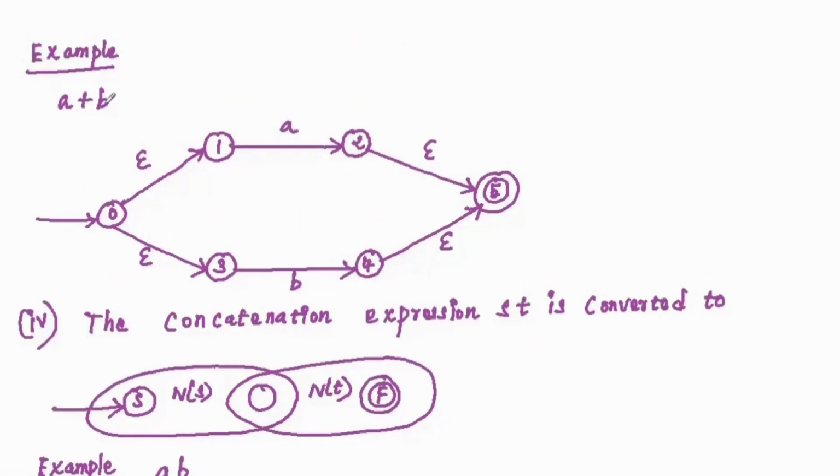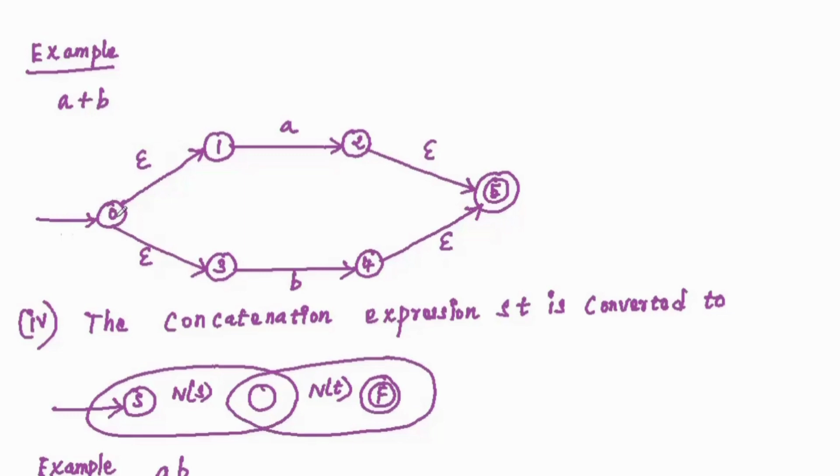Coming to the example problem, here A plus B is a union expression. In this transition diagram, starting state 0 and final state 5. First, it should start by moving to either state 1 or state 3 on an epsilon transition.